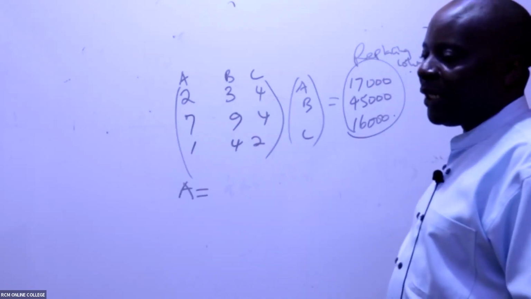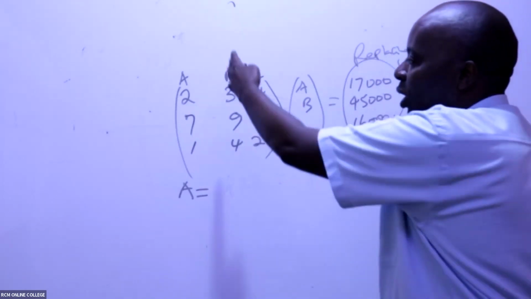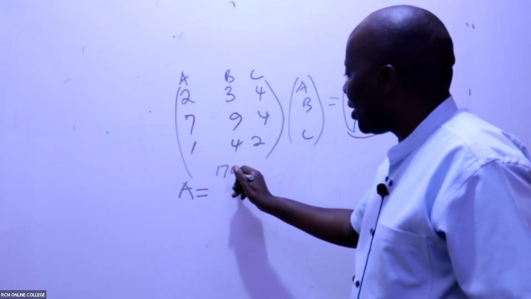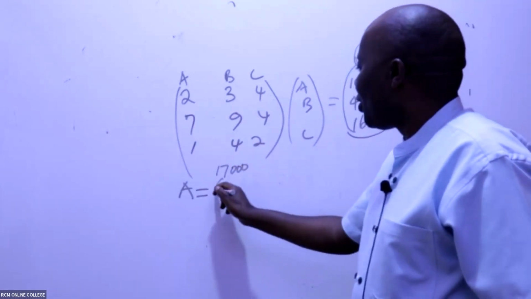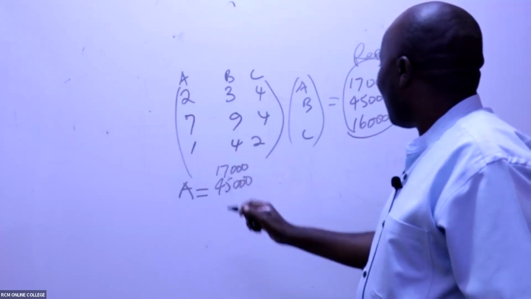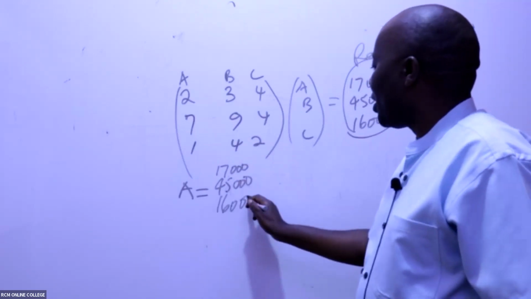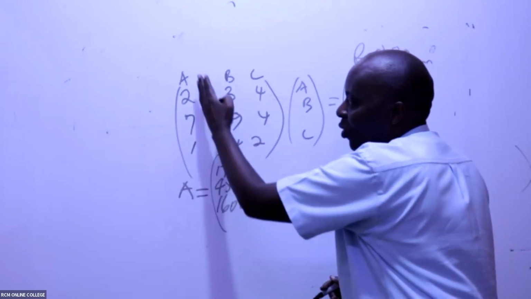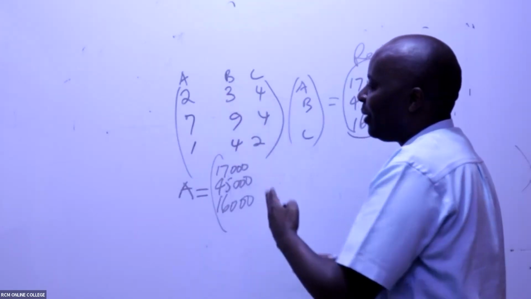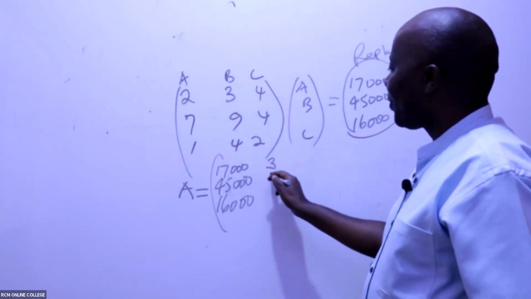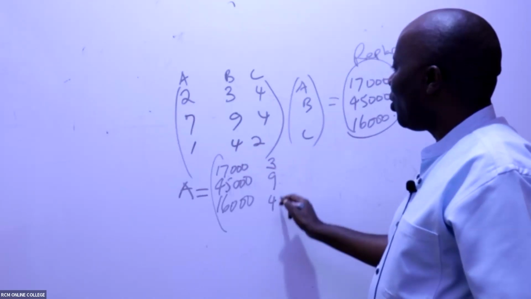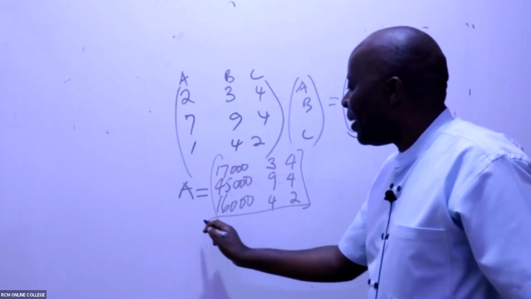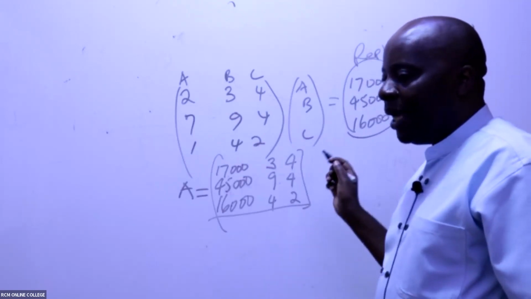So the replacement here will be 17,000, 45,000, 16,000. If it's A, we only attack the column of A. The others remain. So we have here 3, 9, 4. We have here 4, 4, 2, like that. Divide by determinant of the base.